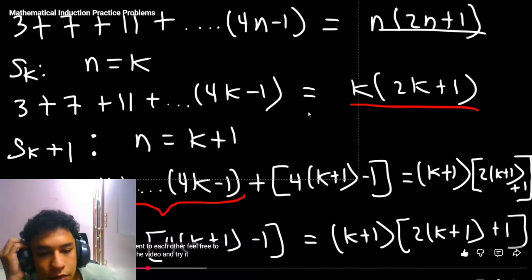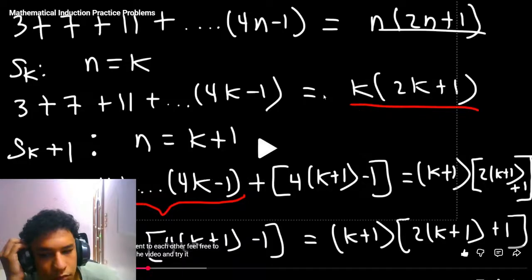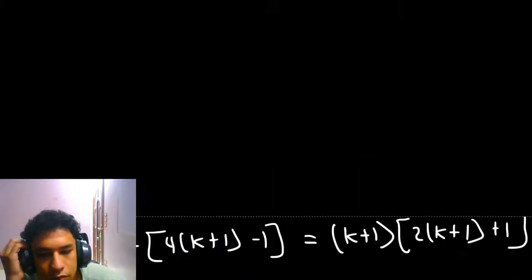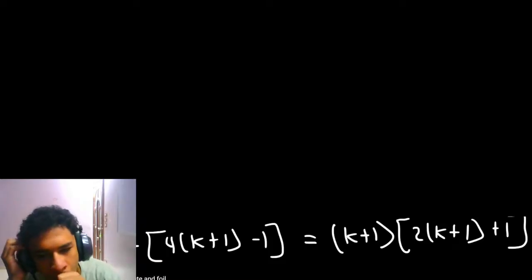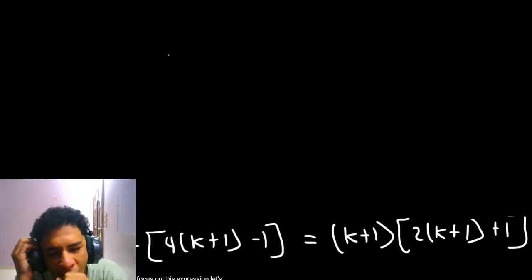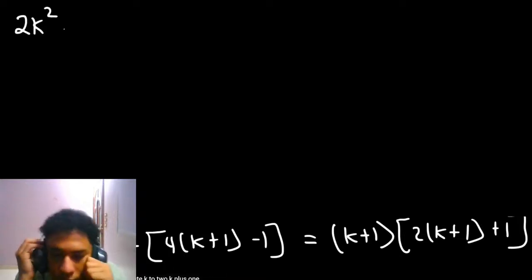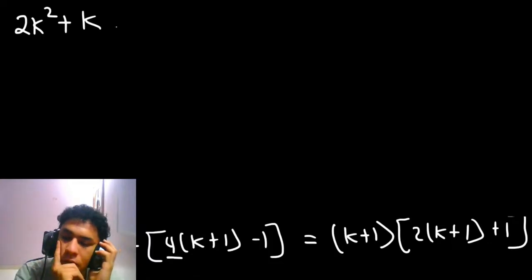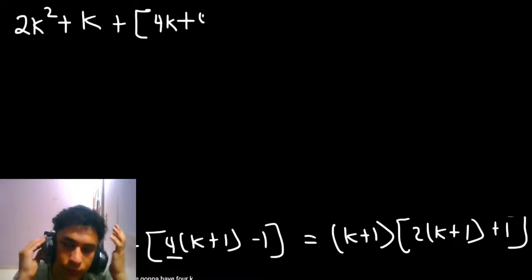I think we're gonna just replace the k with 1 because we just need a number for k. 2k squared plus k, yeah. 4k plus 4, so 4k plus 5 plus 3.